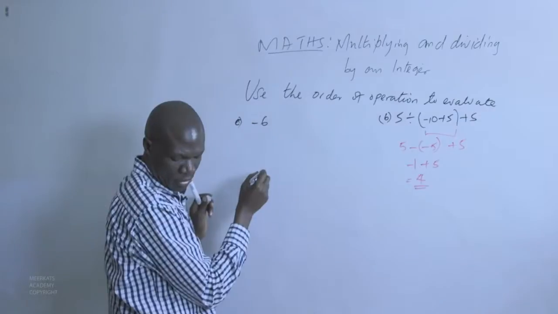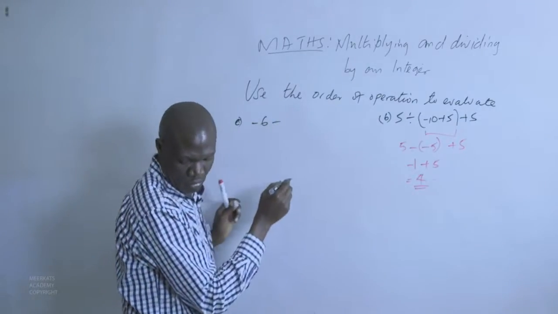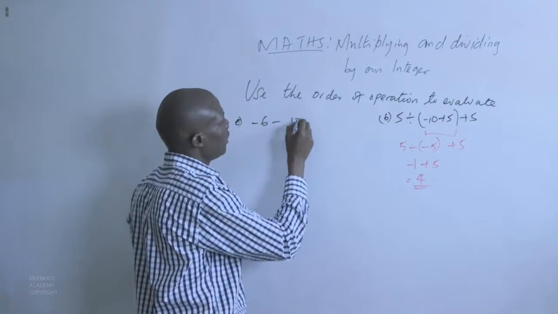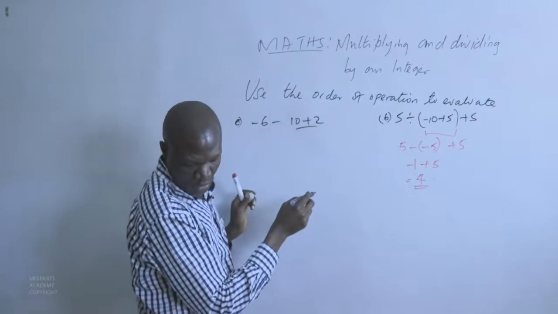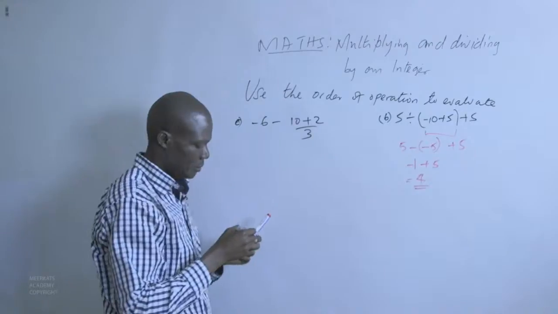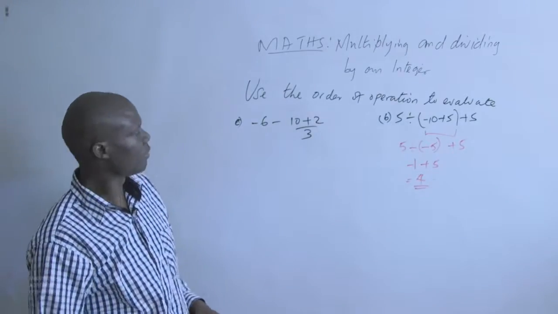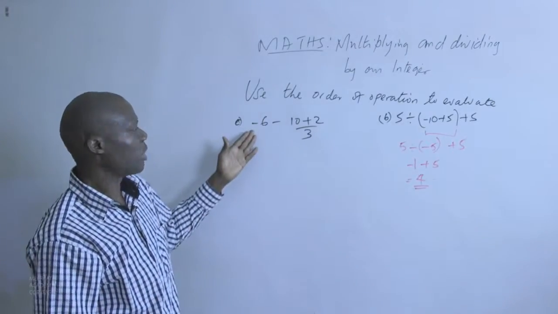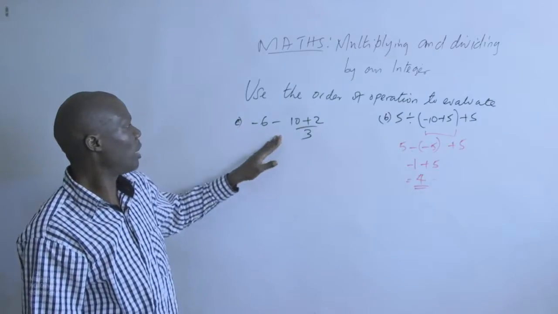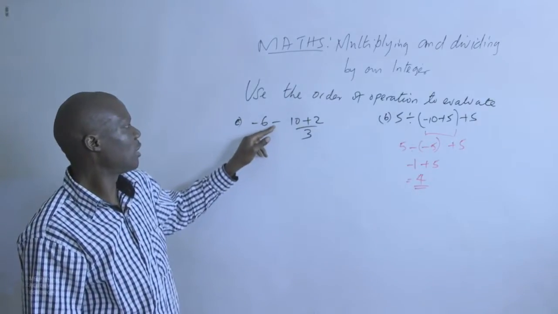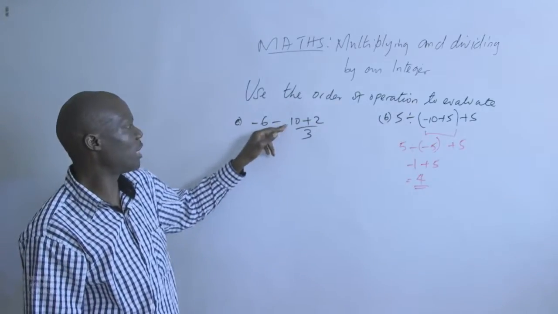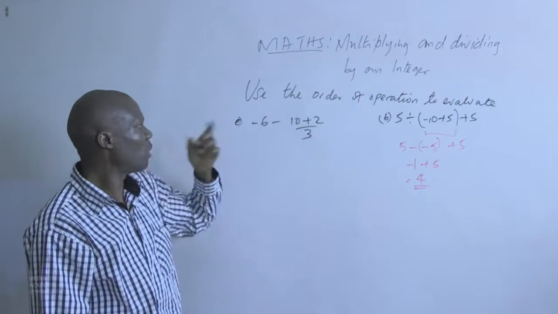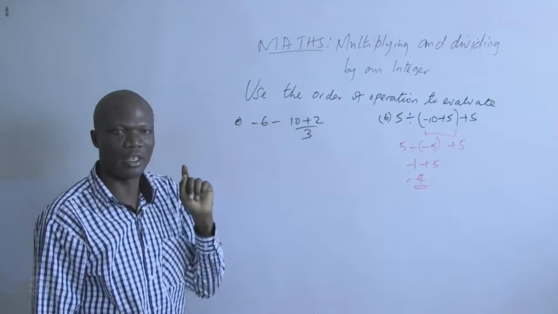Negative 6 minus, 10 plus 2 over 3. That is, negative 6 minus 10 plus 2, all of it over 3.